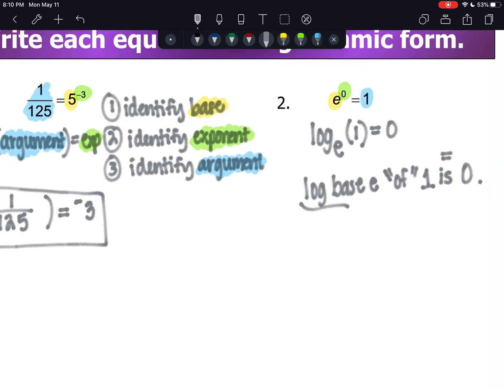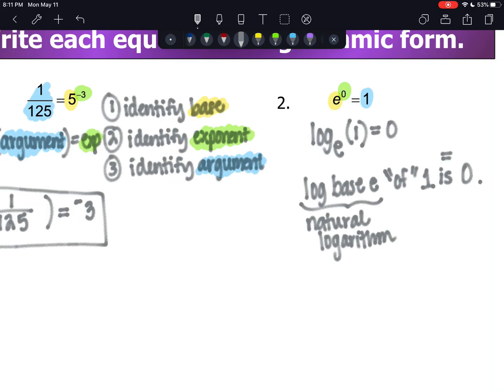Now log base e is a very common logarithm. It's called the natural logarithm. And if you remember from the previous lesson where we talked about the Banker's constant, it's a natural logarithm that we use a lot. So whenever you see log base e, we can write that as the natural logarithm. So that would be L for logarithm and N for natural.